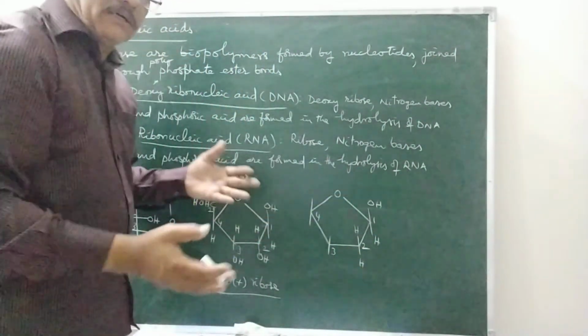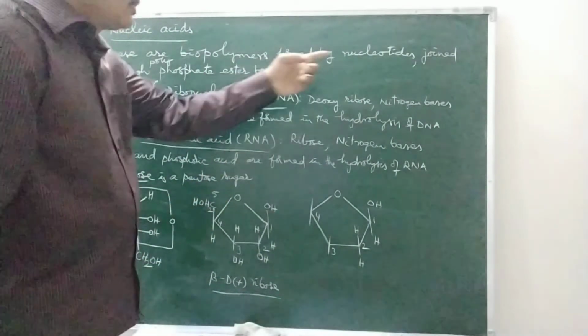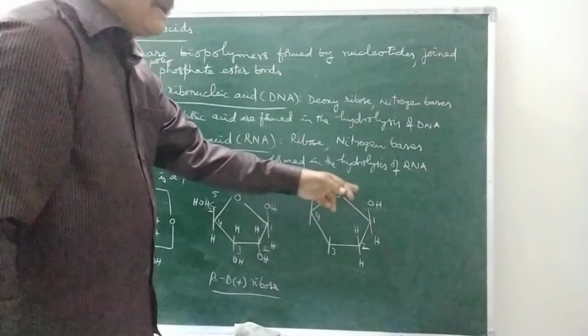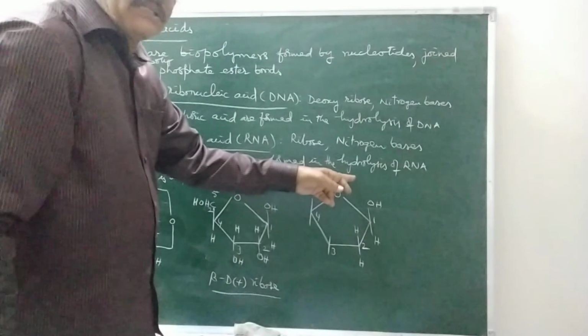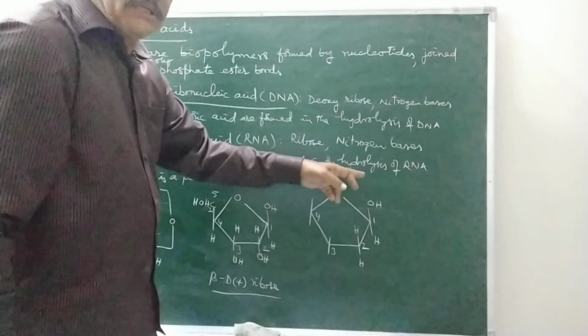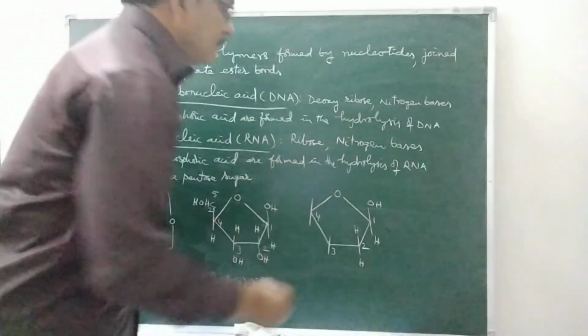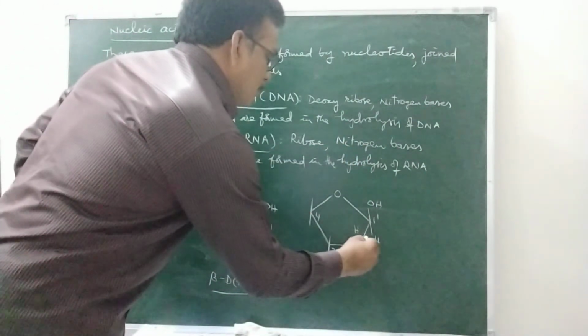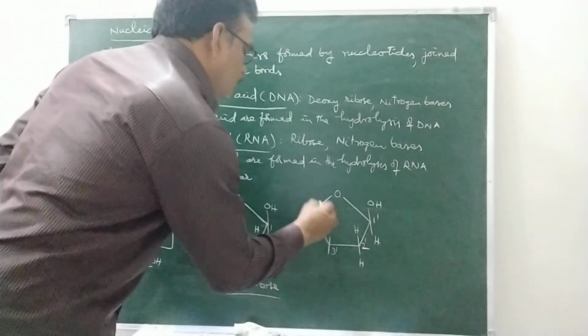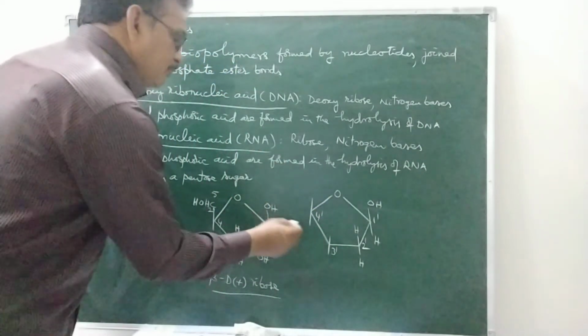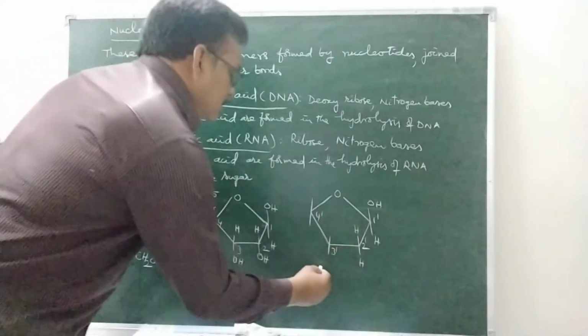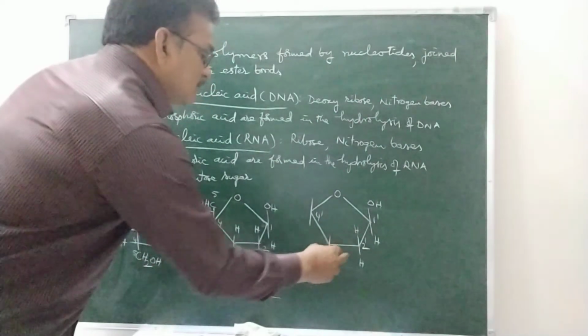Of course, in the preparation of nucleotides, it is bonded with a base. For the atoms in the base, numbers 1, 2, 3, 4 etc. are given, then for the sugar it is written as 1 prime, 2 prime, 3 prime, 4 prime, 5 prime etc. Here oxygen is removed from the second carbon.